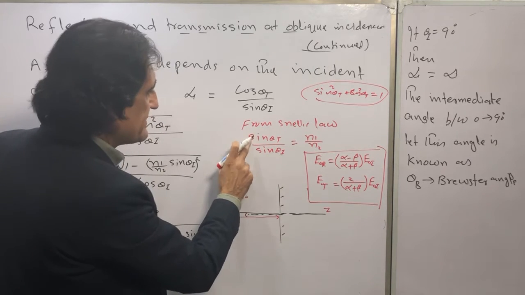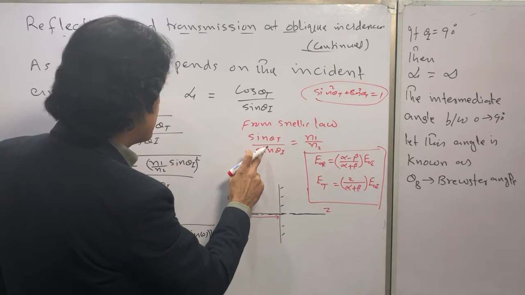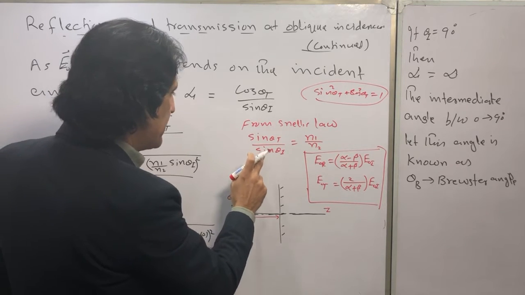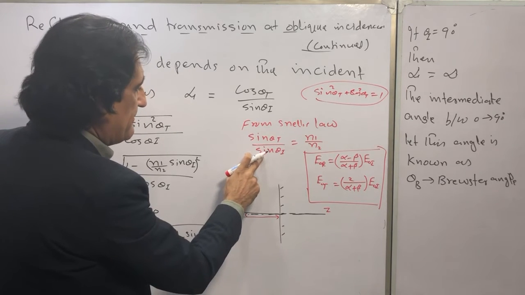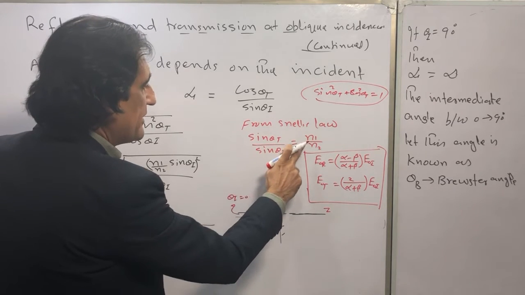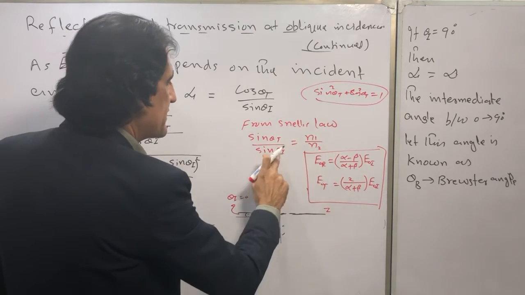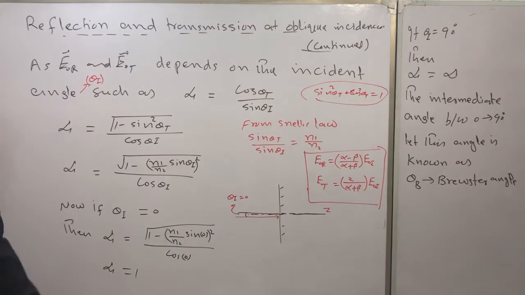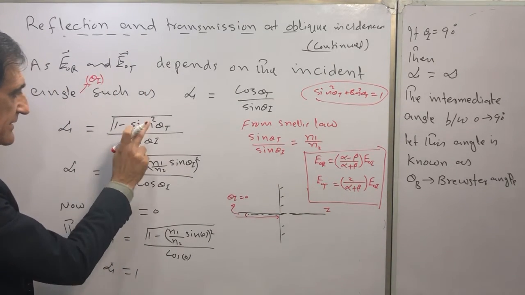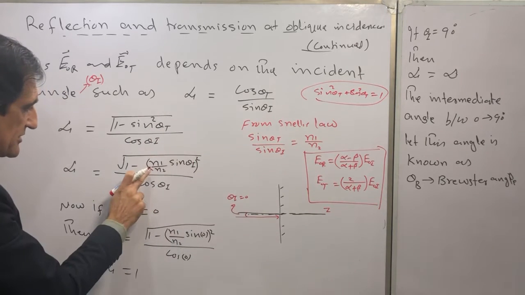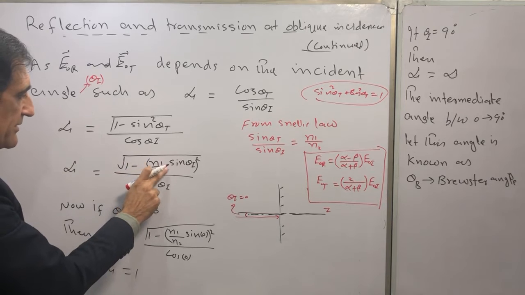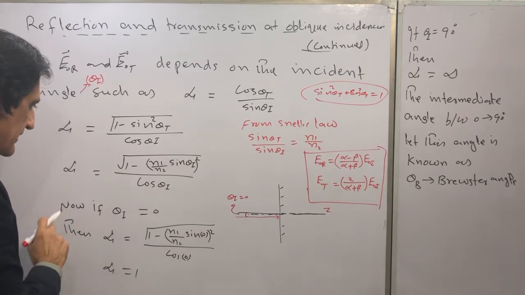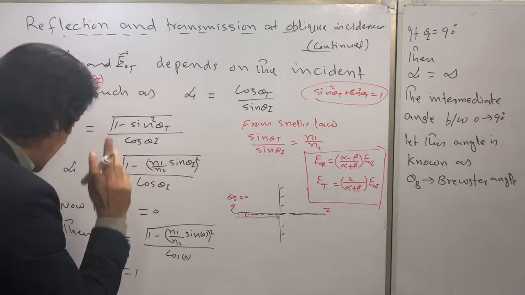From this relation we can obtain sine theta T, so sine theta T will be equal to n1 divided by n2 times sine theta I. Putting the value of sine theta T here, alpha becomes the square root of 1 minus the square of n1 divided by n2 sine theta I, divided by cosine theta I.